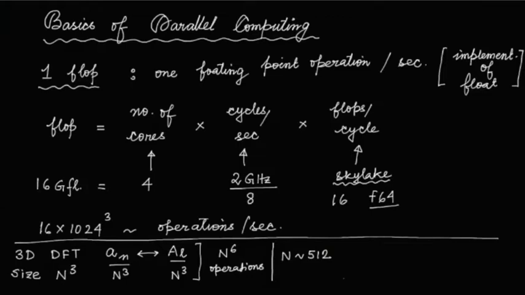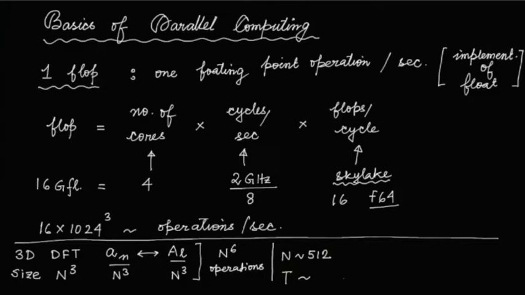The time will come out to be, guess how much it will be? Can you give a guess? So we have a 512 cube data, and from that we are calculating the Fourier transform of that data. Okay. So how much time do you think it may take?